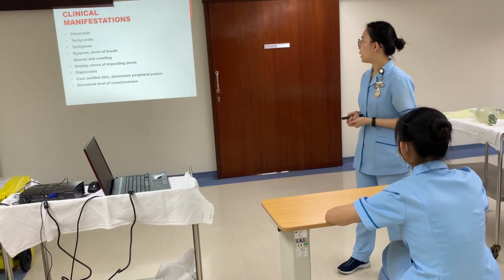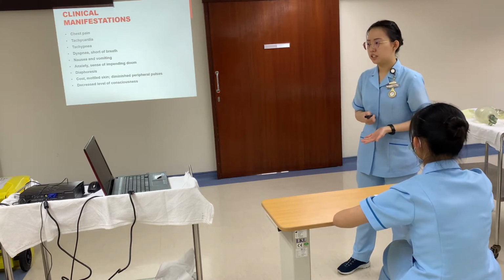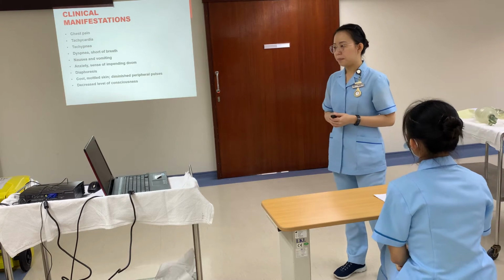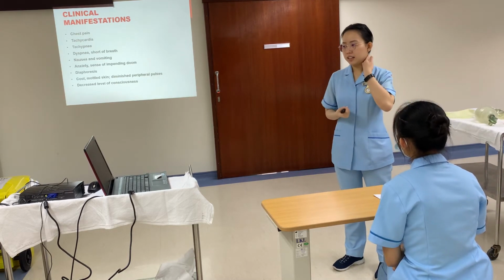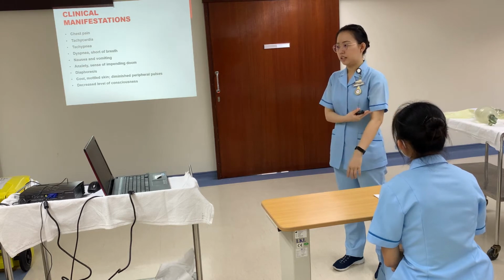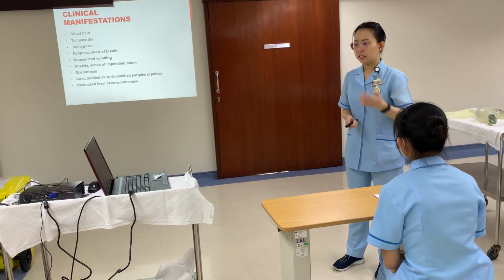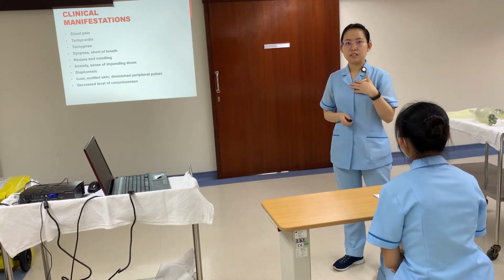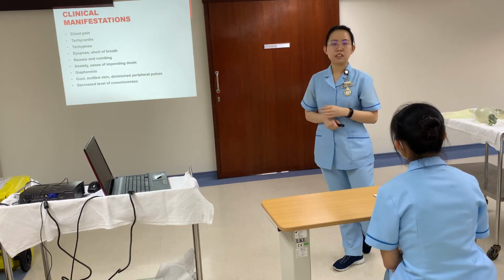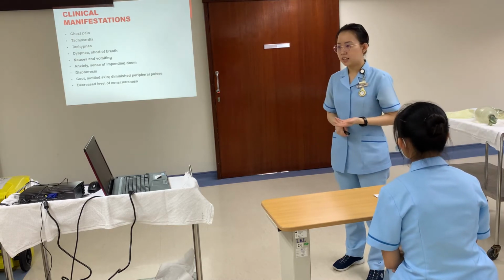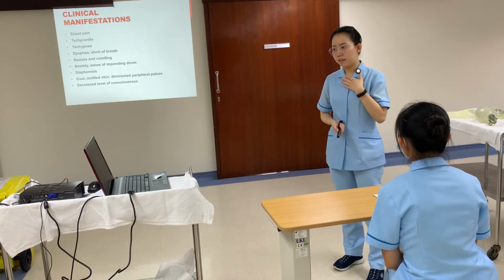So the clinical manifestation: the most common is chest pain. The chest pain may radiate to the neck, jaw, shoulder, left side of the arm and the back. Tachycardia means very fast heartbeat. Tachypnea means breathing very fast. Dyspnea is difficulty in breathing, shortness of breath.